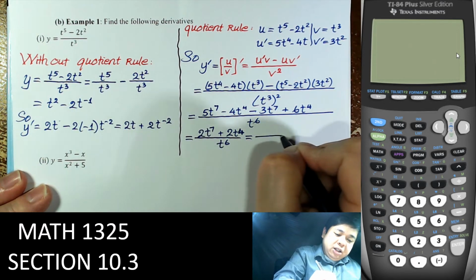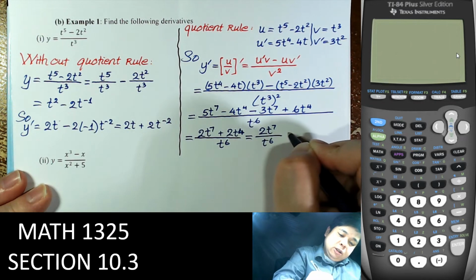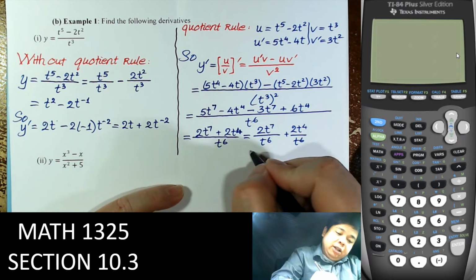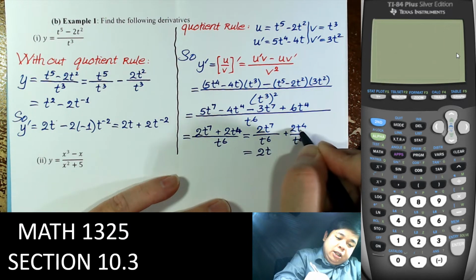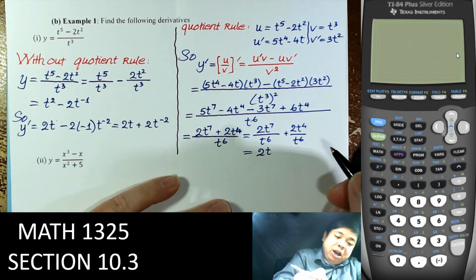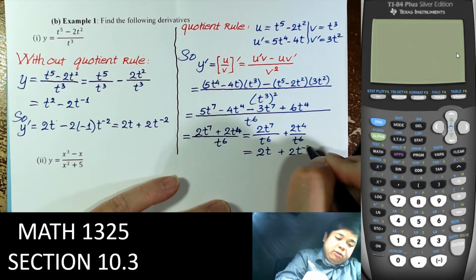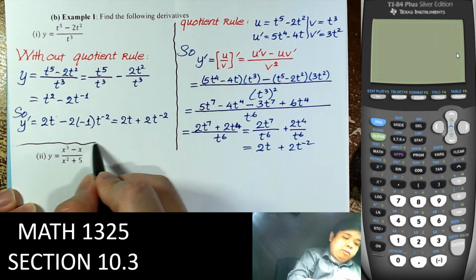We can split them out. So that gives us 2t, subtract the exponent 7 minus 6, and then subtract the exponent 4 minus 6 is negative 2. Right, we should get the same thing with or without the quotient rule.